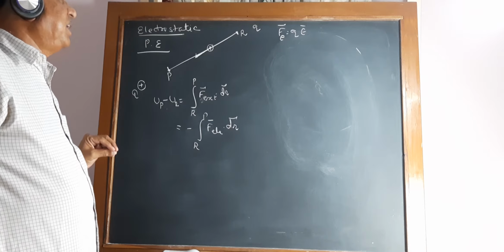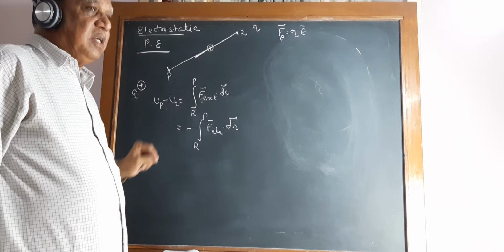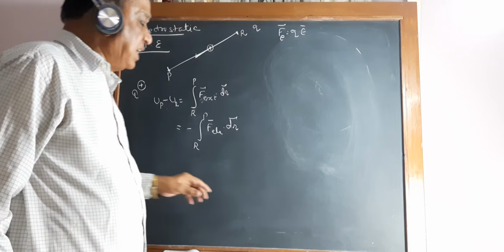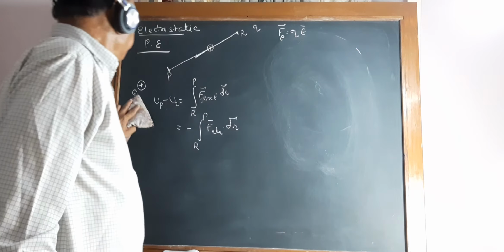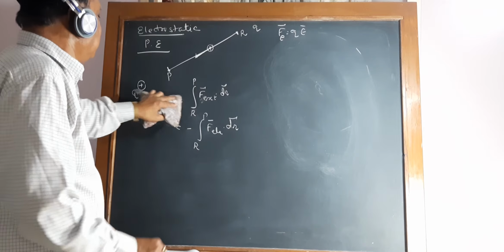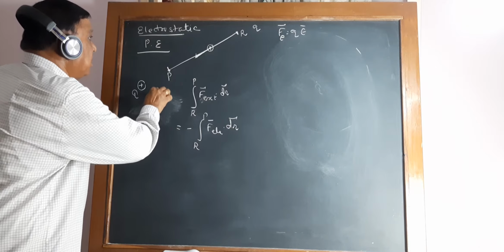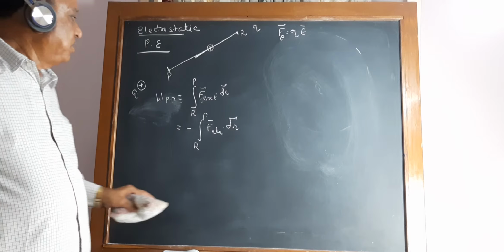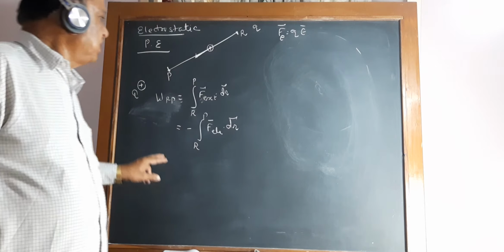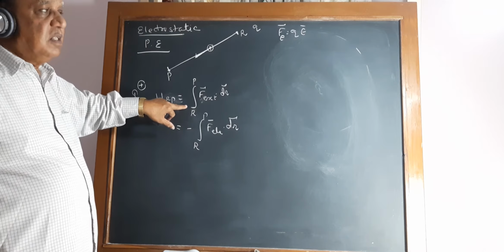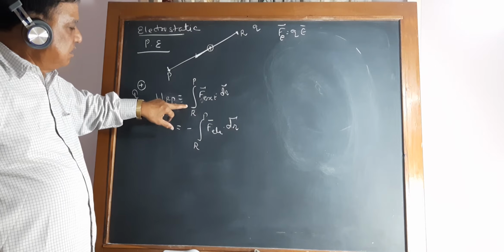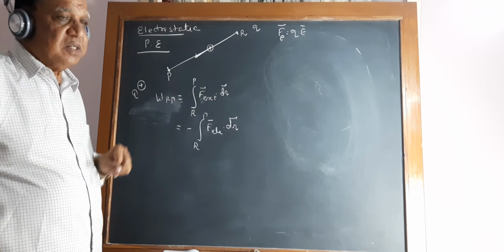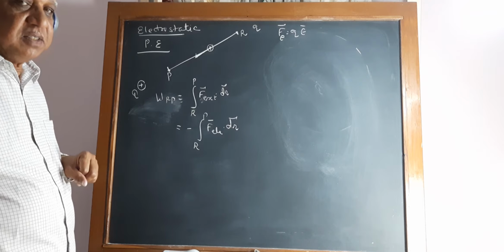Now we are bringing charge q from R to P. So total work done, also we can write in this way, work done W from R to P equal to integration from R to P F external dot dr vector.